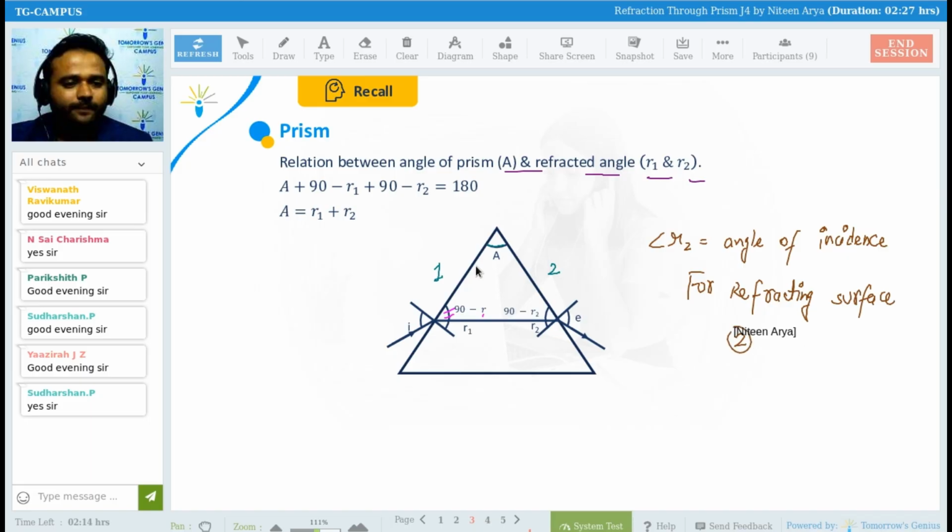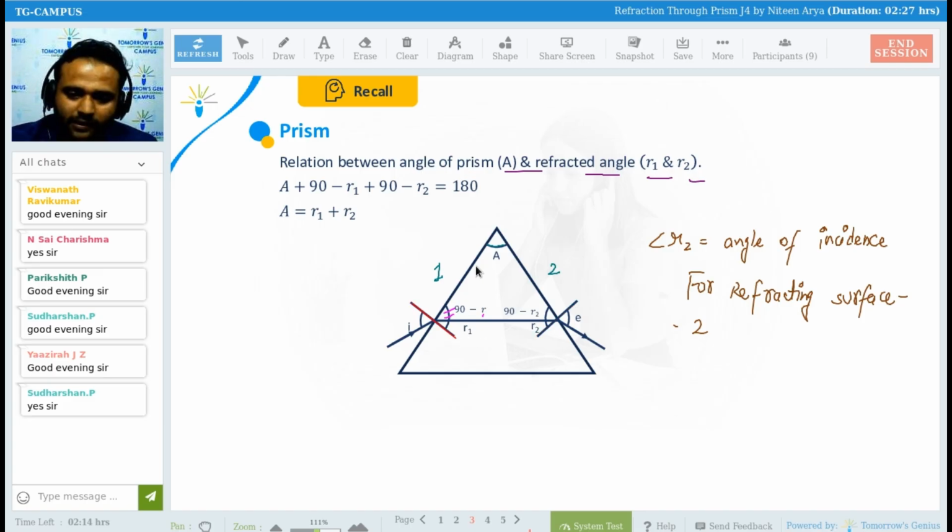Is this clear, everyone? Clear, this one? For refracting surface 2. Got it. So again, this is a normal. I draw for you guys. Wait a minute. This red color line is a normal.